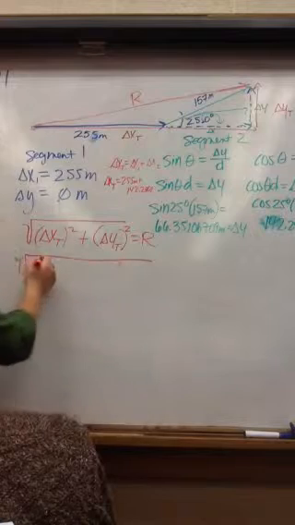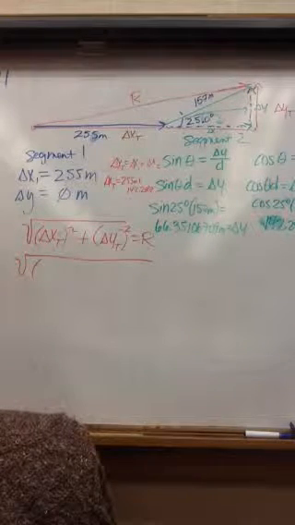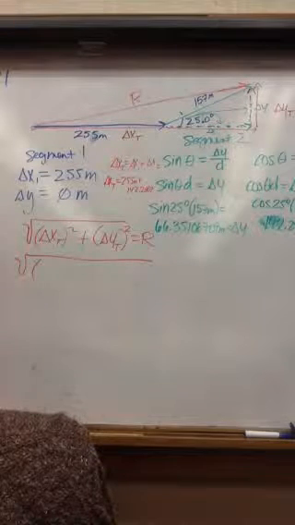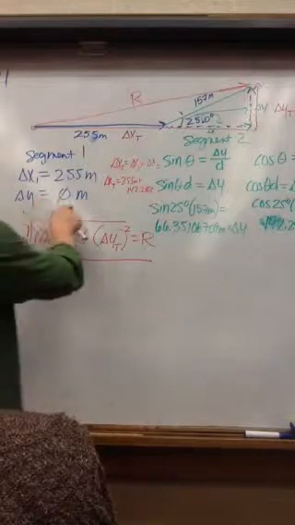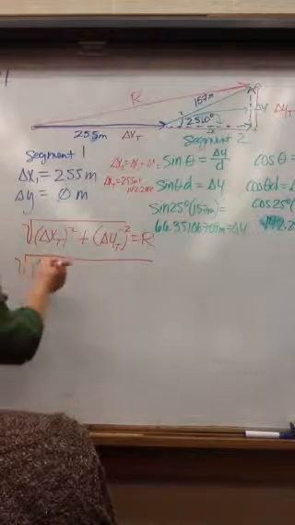So the square root then of 142.2903226 plus 255, squared, plus, now our delta y is all in that second segment.